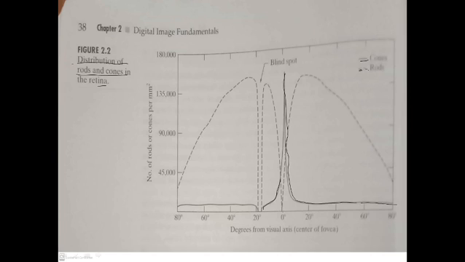Similarly, if you consider the rods, the concentration is higher away from the fovea. This is the concentration of rods. From 0 to 20 degrees, there will be a concentration of rods from here to here.